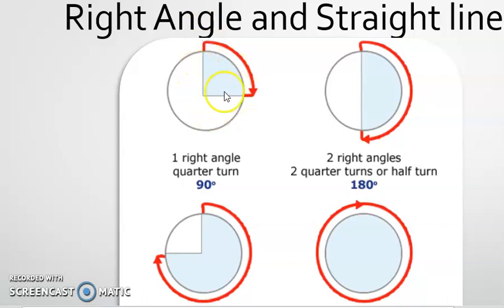Here is the first quarter of a circle, and as you can see, when I look at my first quarter of a circle, there is a right angle, because this is a straight line, this is a straight line.